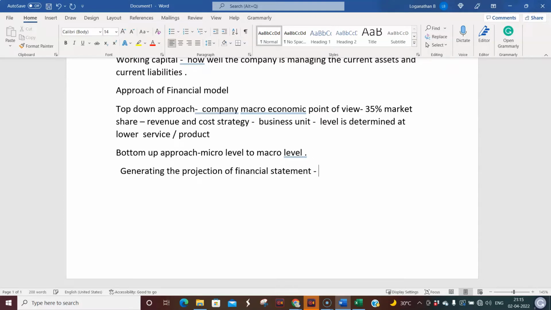So financial statements, we have the balance sheet, the income statement, and the cash flow statement, CFS. So these are the things that we have to be a little bit concerned with, right? So we are more concerned with generating the projection of our financial statements, the economic indicators that we have to see. So what are the key indicators or key metrics that are more important to be done.